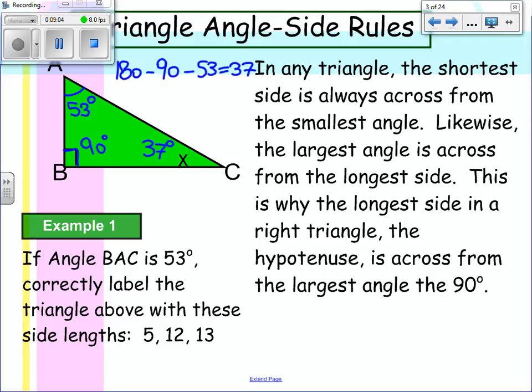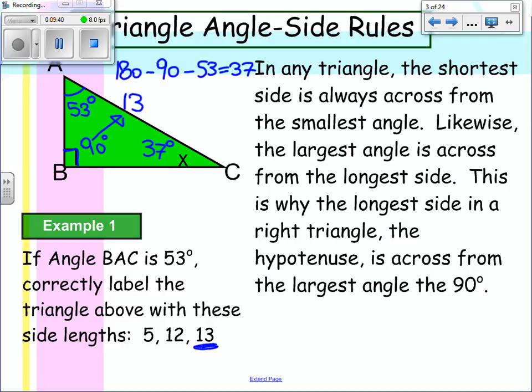Now that we know all of our angles, we can figure out which side lengths are which, because the biggest angle gets the biggest side length. So which one's our biggest angle? 90. So the side across from 90, this one over here, should get the biggest side. So it must be 13, because 13 was the biggest side that we were given down here. Where would side length 12 go?